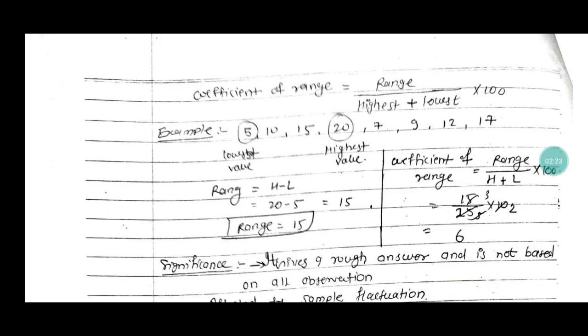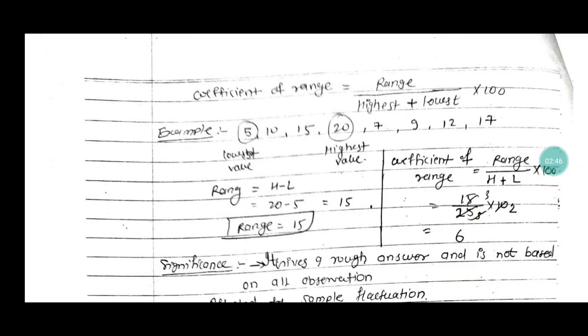In that the 5 value is the lowest value and the 20 is the highest value, where the formula for range is H minus L. So H is 20, that is highest value, and L is lowest value, that is 5. So 20 minus 5 is 15.